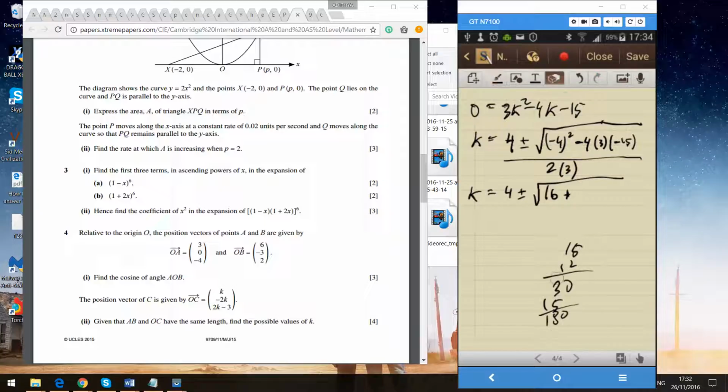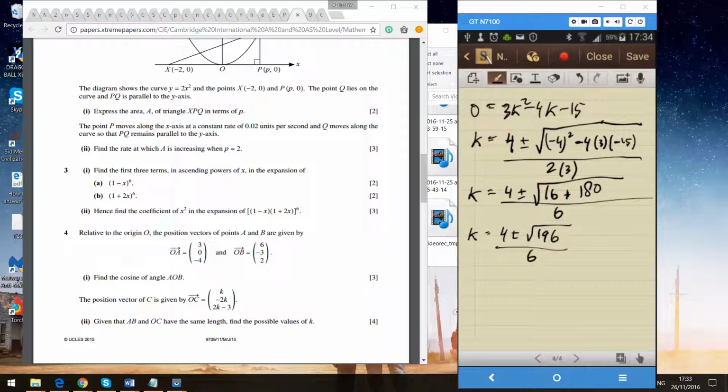Oh, very convenient. And divided by 6. So now k is equal to 4 plus or minus the square root of 196, that's 14, over 6.